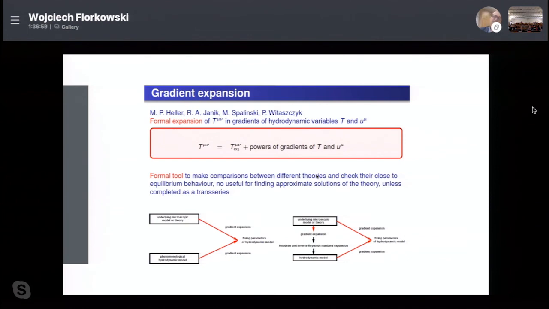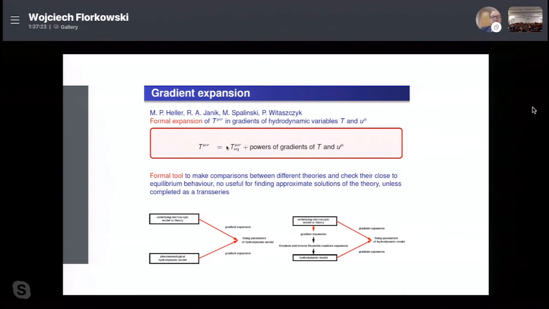the gradient expansion can now be used, I think, for comparison between hydrodynamic models and some microscopic models. This is shown here on the left-hand side. Suppose that you have the energy momentum tensor for any theory. If we are close to equilibrium, we can make some expansion.